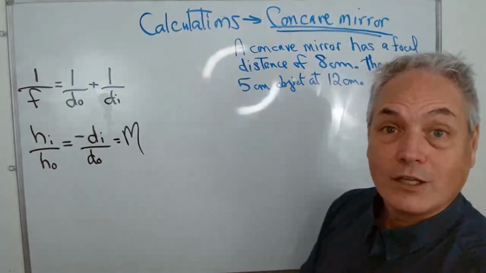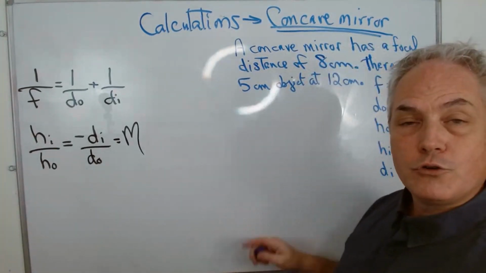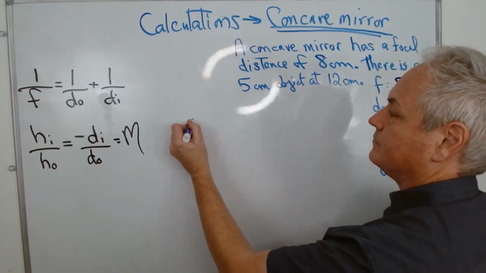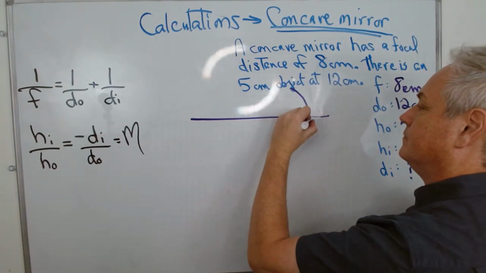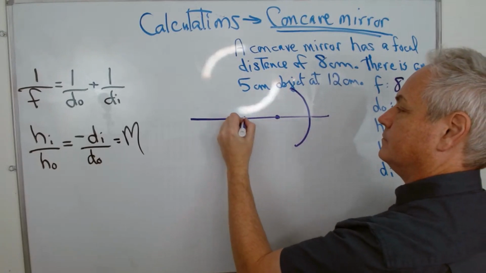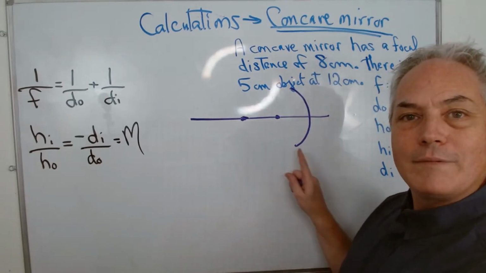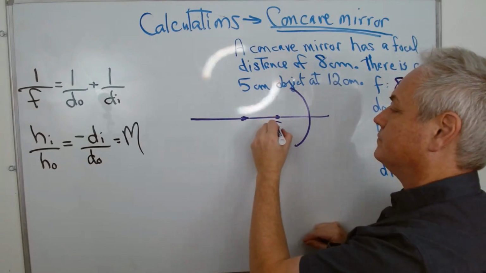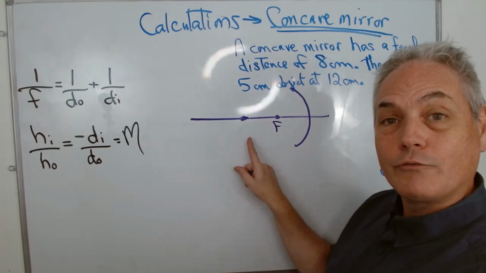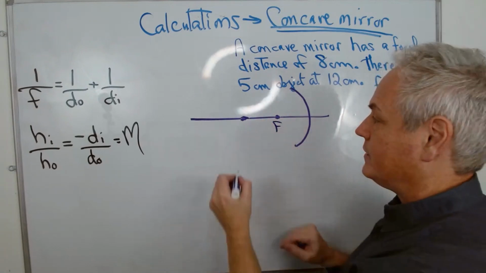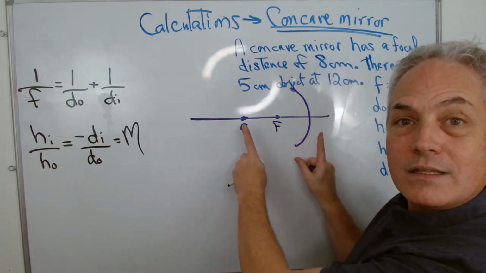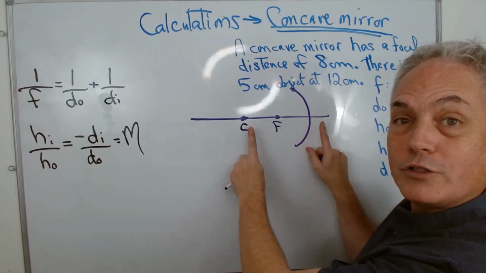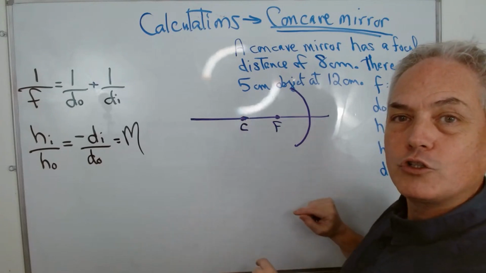So let's see if we can do that together. First of all, if you have a concave mirror, your drawing would look like this. Here I have my concave mirror. I have the focal point, at the front. And I have the center of curvature right in front here, because the focal point is the middle point between the vertex and the center of curvature.